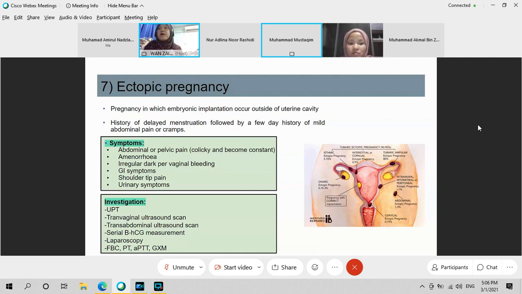It's all about how you connect your basic sciences into the clinical years. Okay? Understand?